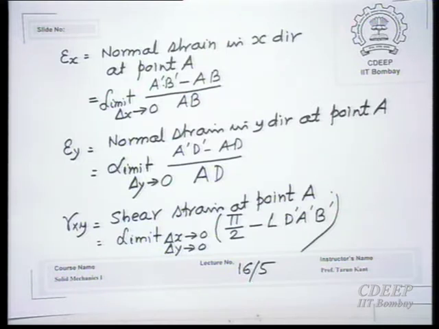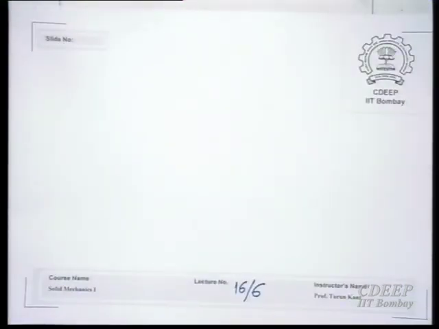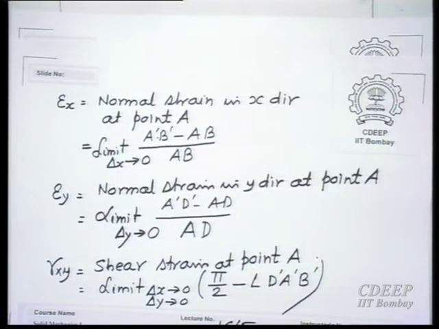So next job is, this is the physics, but then I must bring in some other quantity over here. Not that I should write A dash B dash minus AB. What is the quantity I should bring in? Displacement. We have just now expressed the displacement of various points.